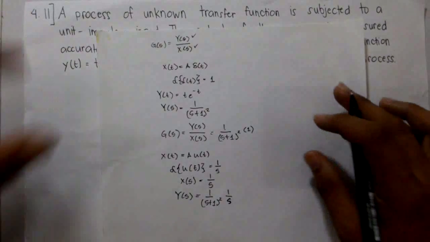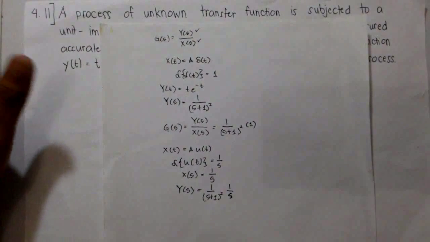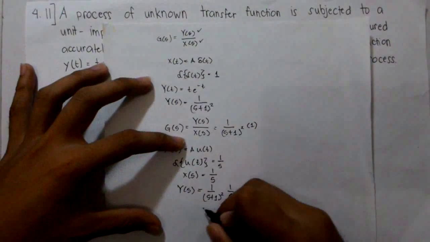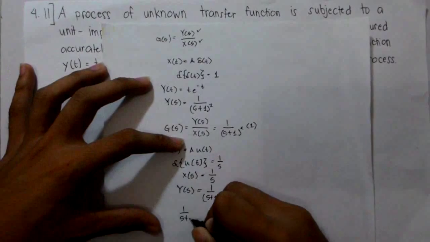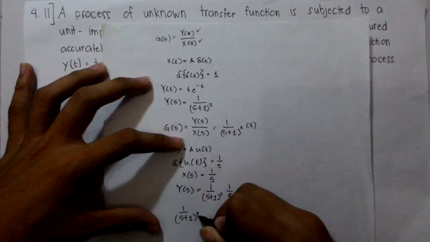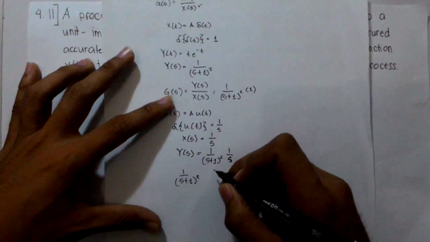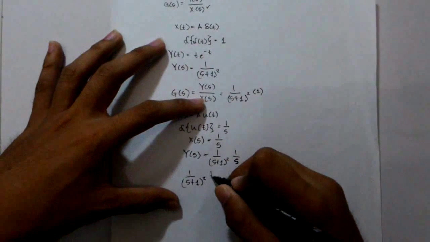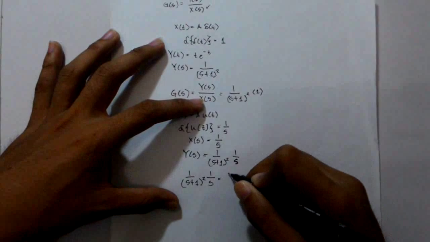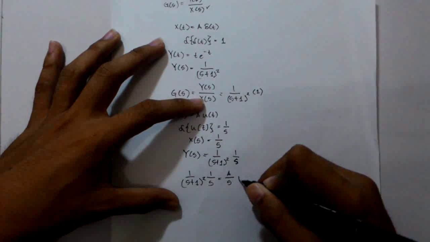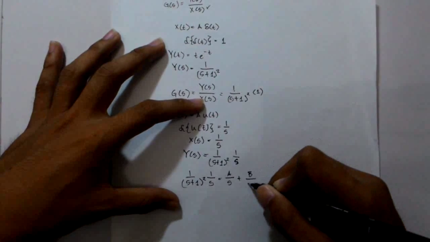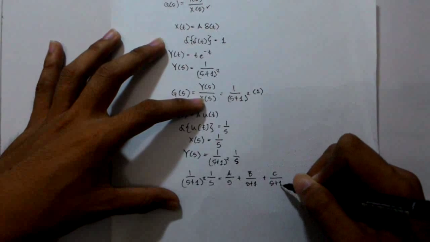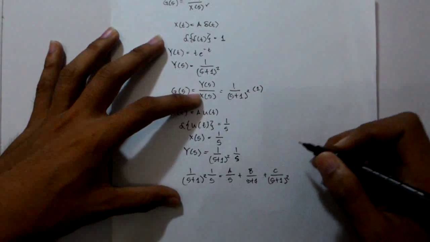In order to proceed, we have to first simplify this equation by using partial fractions. So 1 over s(s+1) squared is equal to A over s plus B over (s+1) plus C over (s+1) squared.